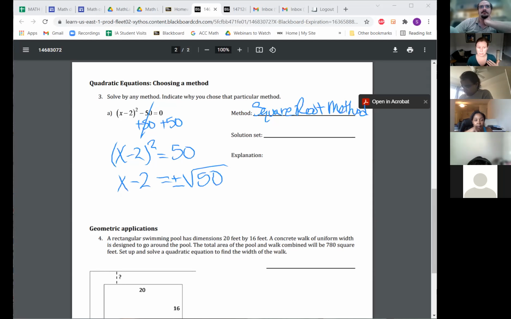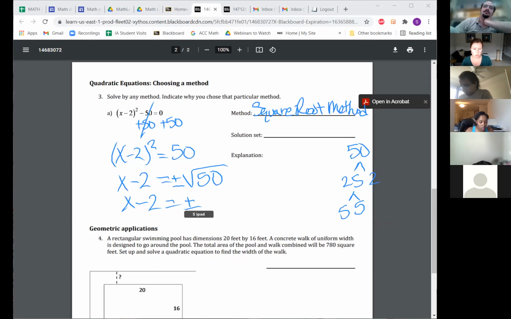Okay, so can we break down the 50? 50 is 25 and 2, right? So what's that gonna turn into? I know we need to add the 2 still, but I just wanted to break this down. It's 5 root 2. Yep, because the couples get to go out, the 2 5s, and the 2 stuck inside the house.